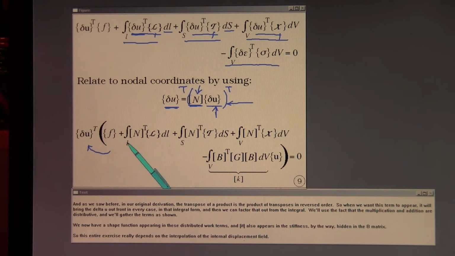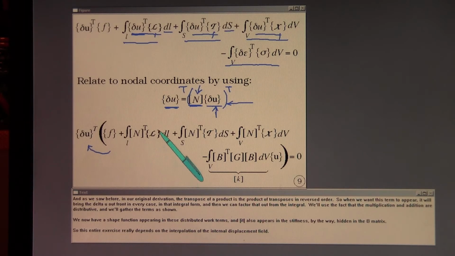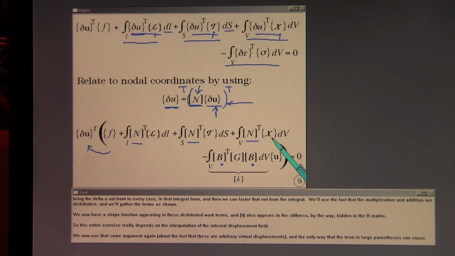We'll use the fact that multiplication and addition are distributive, and we'll gather the terms as shown. We now have a shape function appearing in these distributed work terms, and it also appears in the stiffness, by the way, hidden in the B matrix. So this entire exercise really depends on the interpolation of the internal displacement field.